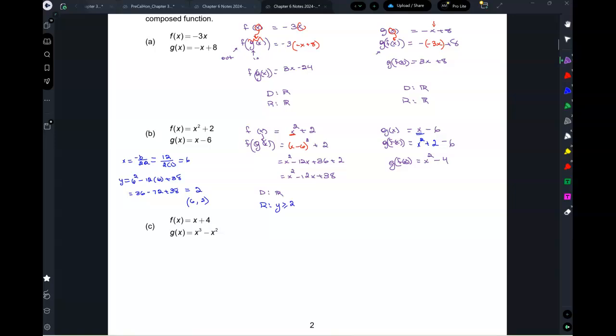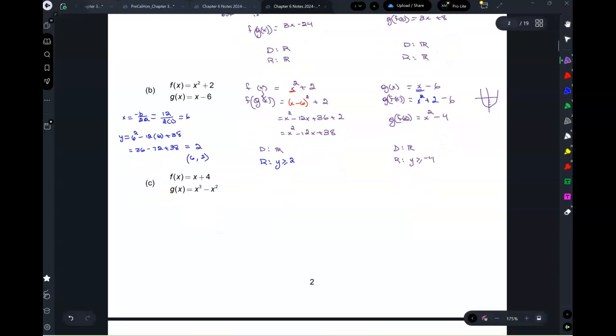Okay, now this is also a parabola. The domain is all real numbers, but do I have to do all of those theatrics, x equals negative b over 2a, to find where the vertex is? No, I know x squared minus 4 is just a simple old parabola shifted down 4 units, so the range is y is greater than or equal to negative 4.